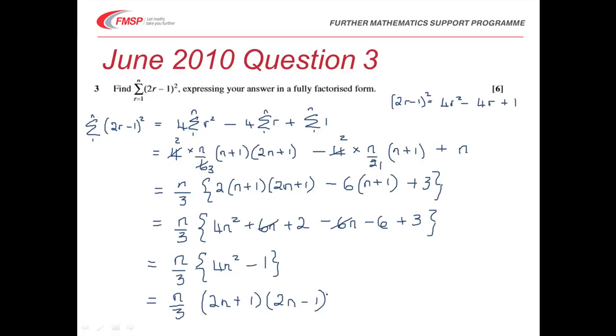So just having a little look at how we get the marks for this particular question. You will get up here a method mark for seeing that you've got 3 terms, and another method mark for substituting in the correct sum results, either because you've had to learn sigma r or you've used the formula book for sigma r squared.